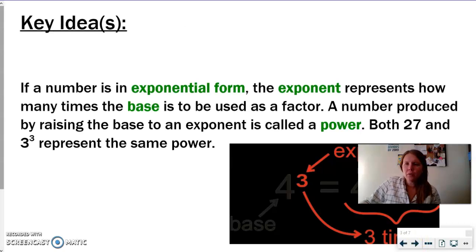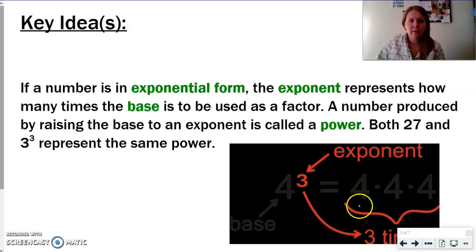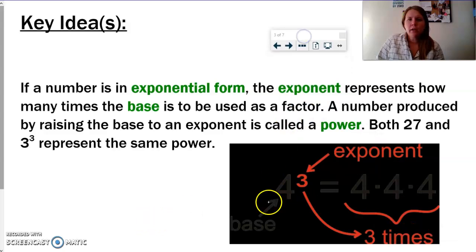So here are more of the definitions. It says a number is in exponential form. The exponent represents how many times the base is being used as a factor. So looking at my diagram, these have 4 to the third or 4 to the power of 3.